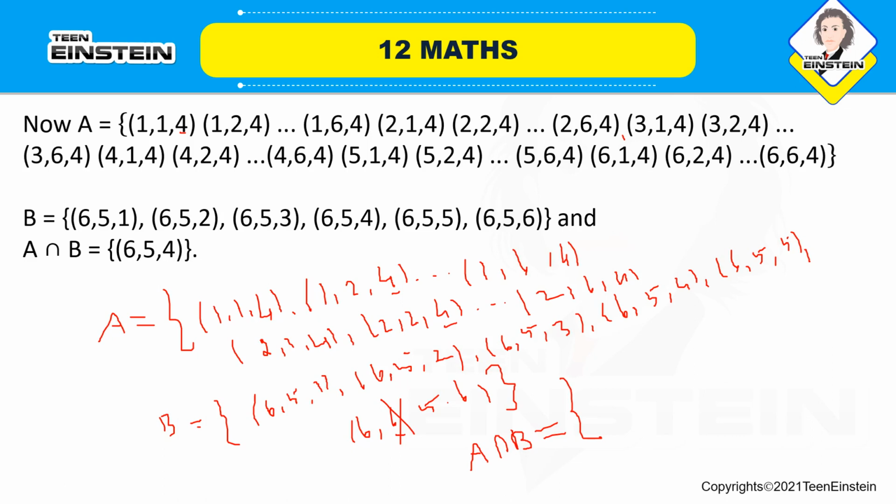So 651 will not come, 652 also will not come. We can check this place because here we are having 4 on the third throw.